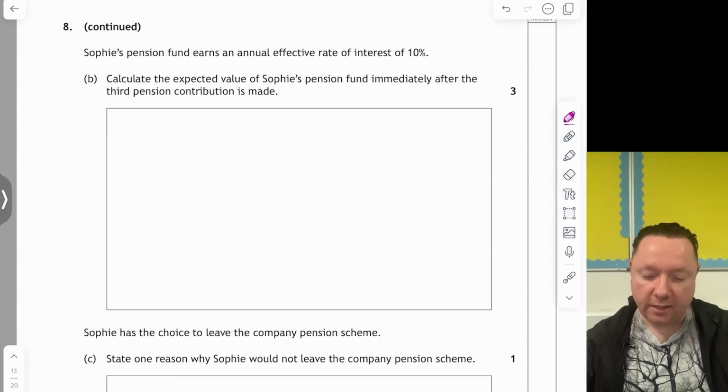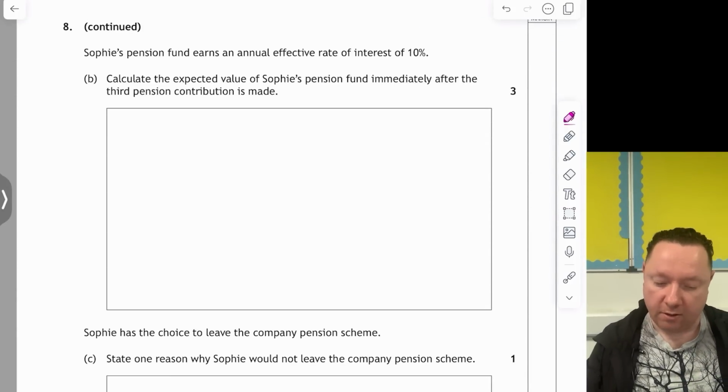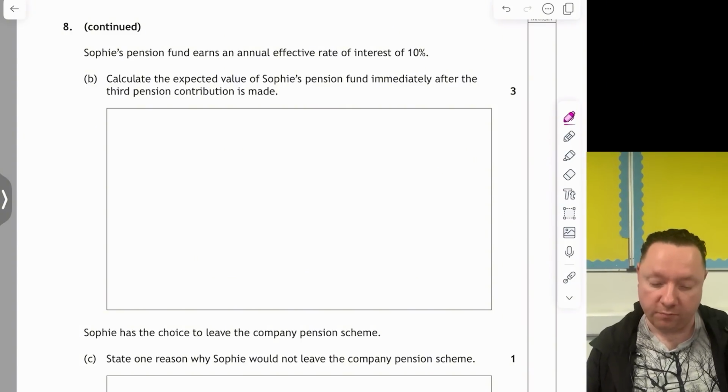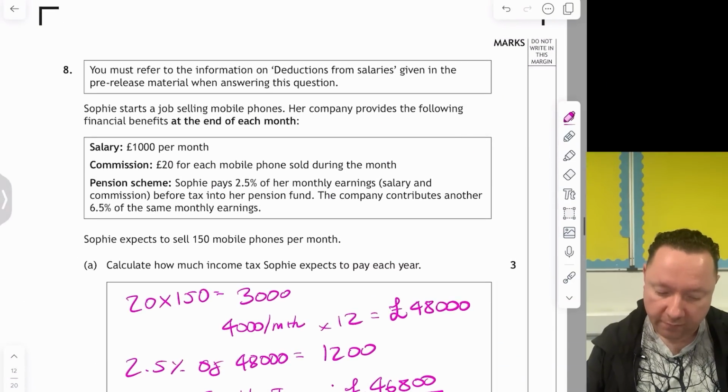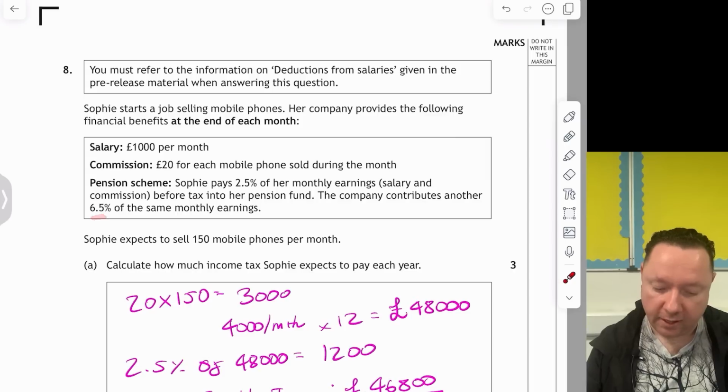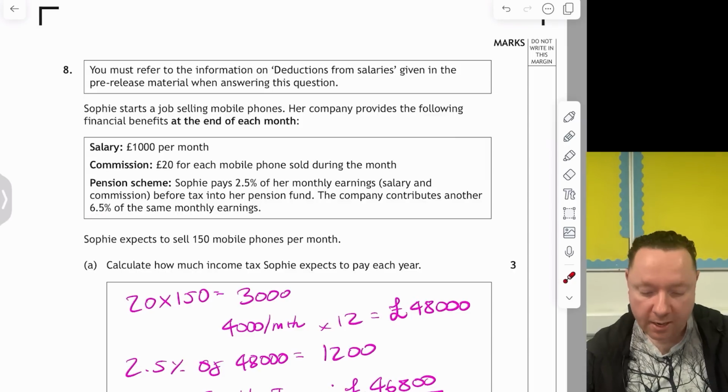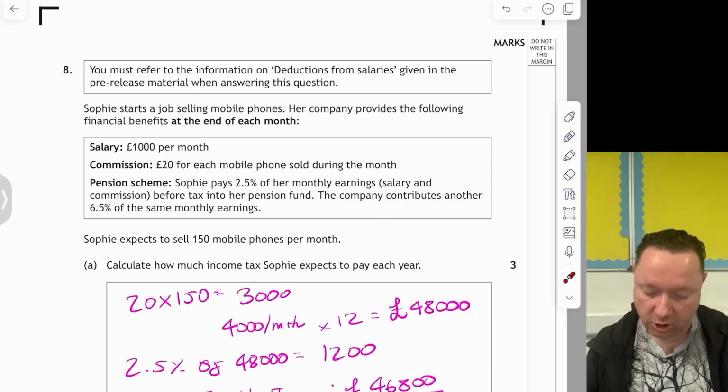Sophie's pension fund earns an annual effective interest rate of 10%. Calculate the expected value of Sophie's pension fund after the third contribution is made. So let's look at her pension benefits again. She earns £4,000 a month and she gets 2.5% in, and the company pays 6.5. So 6.5, 7.5, 8.5, 9% of her salary is pension.